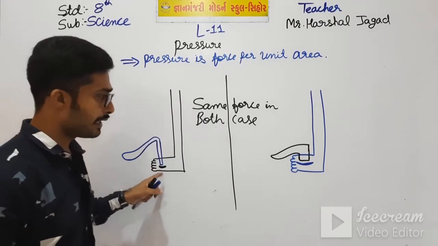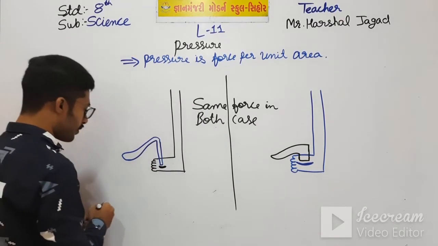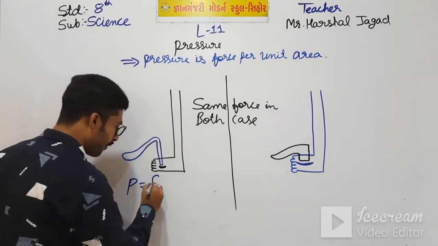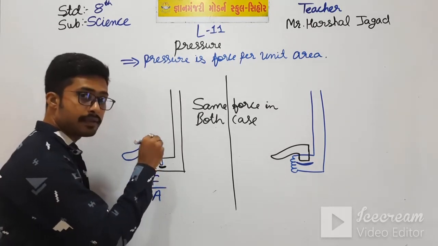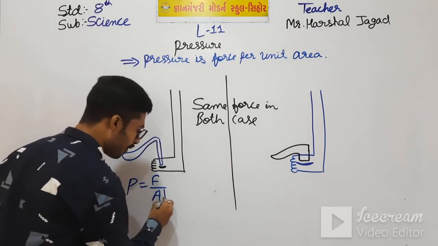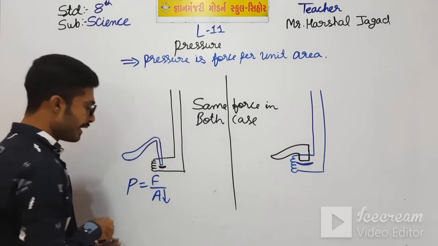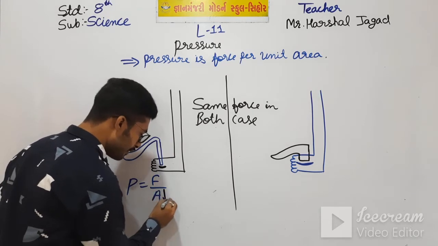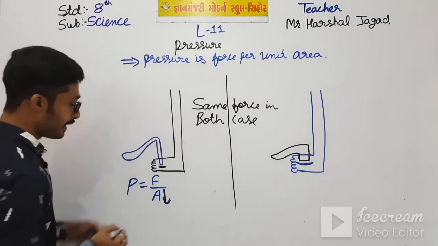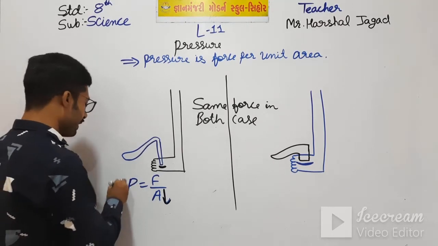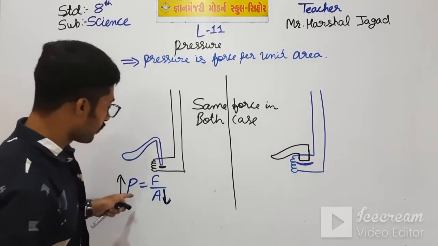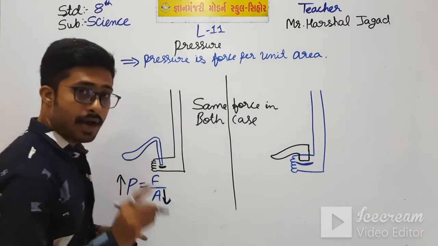This area will be the small one. So here P is equal to F upon A. Here the area is small, so as the denominator is small, the answer will be high. So here the pressure is high.